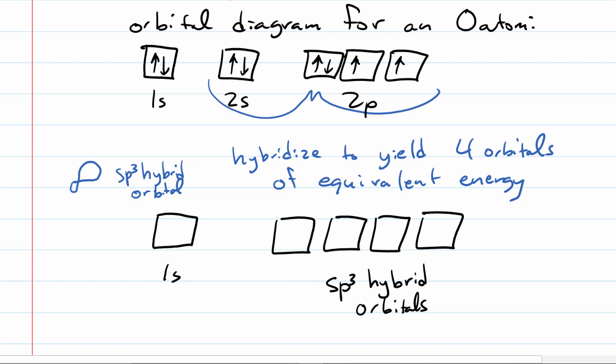Then when we place the electrons in here, we show the electrons from the 1s, which remain intact. And then we want to show these 6 electrons, which are the valence electrons, and they go into these hybrid orbitals. They follow the same rules as before: we place 1 electron into each of the orbitals before we double up. So we put in 1, 2, 3, 4, and then we put in 5, 6, like this.